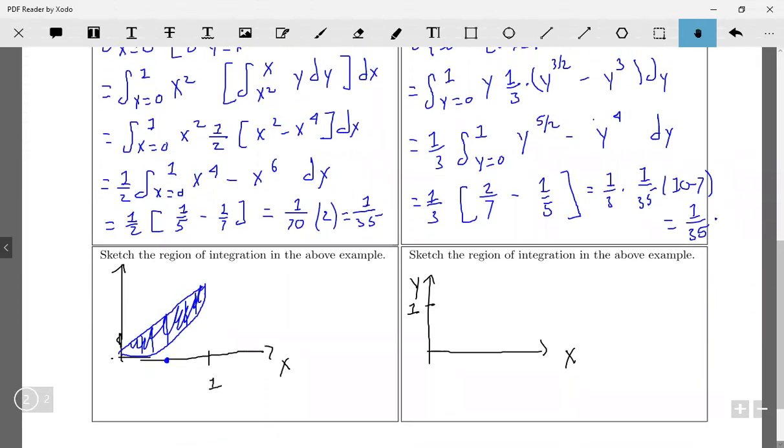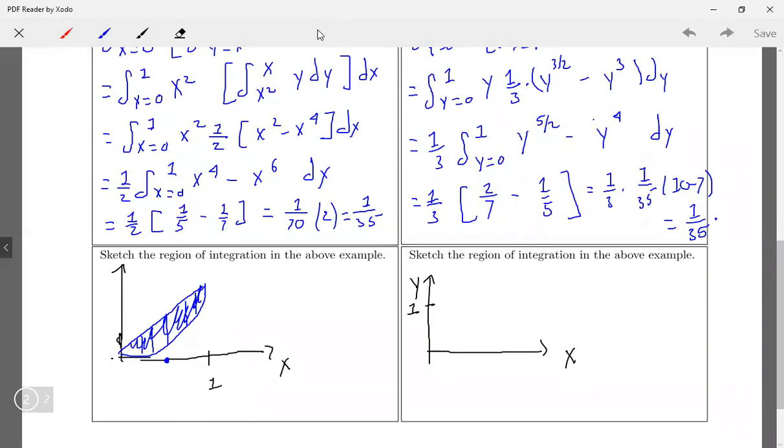Sorry, I'm having trouble using the mouse. So if we graph x is equal to y, the graph of x is equal to y is just the line y is equal to x. And in the first quadrant, the graph of x is equal to the square root of y is the same as the graph of y is equal to x squared. So again, something like this.